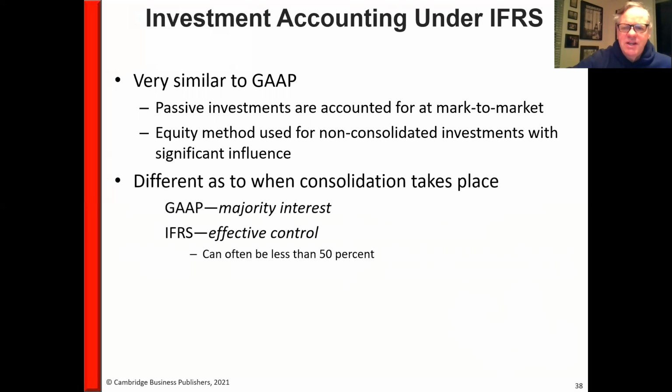Where they differ is with consolidation. GAAP says if you own more than 50%, you must consolidate. Whereas IFRS says you should consolidate when you have effective control of the subsidiary, regardless of whether or not you own more than 50%. So you could have a case under international rules where you have to consolidate even if you own less than 50%, because you really have effective control over the entity.